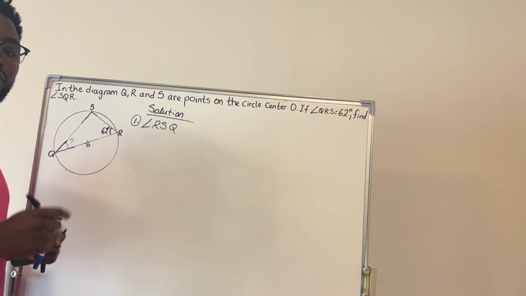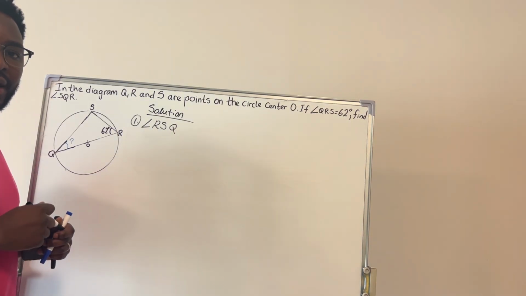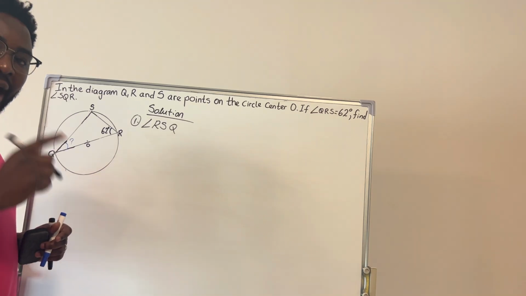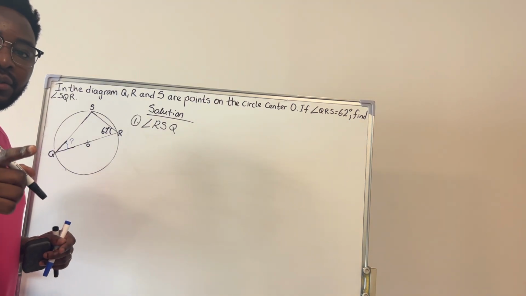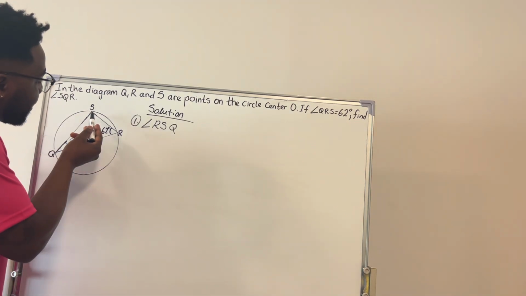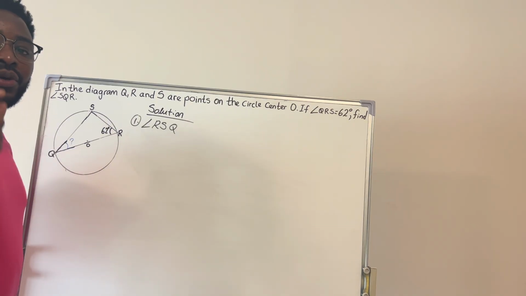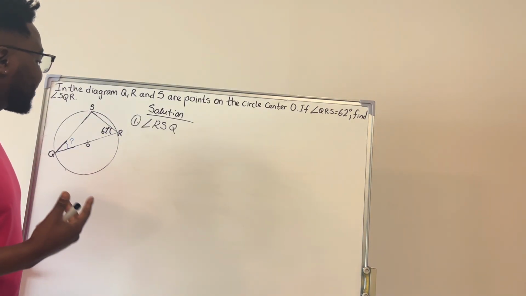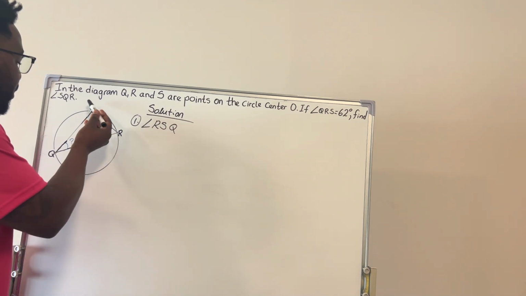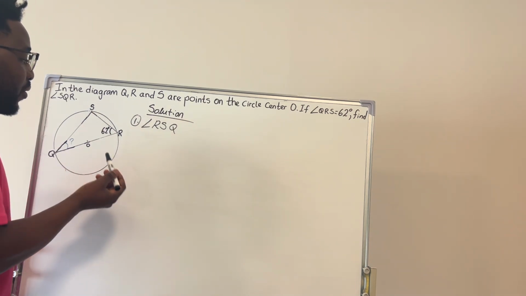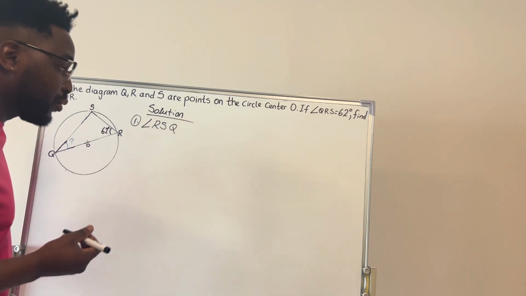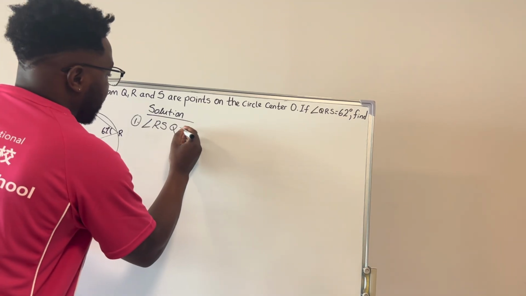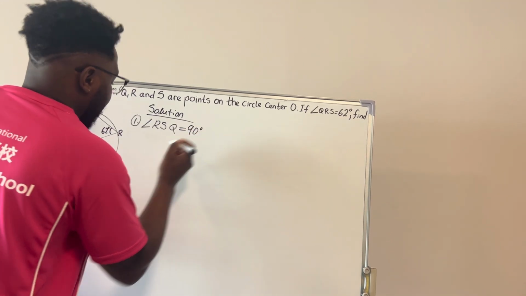We're going to use a second theorem, which states that the angle in a semicircle subtended at the circumference is equal to 90 degrees. So what does that tell us about angle RSQ? That tells us that angle RSQ is equal to 90 degrees, right?